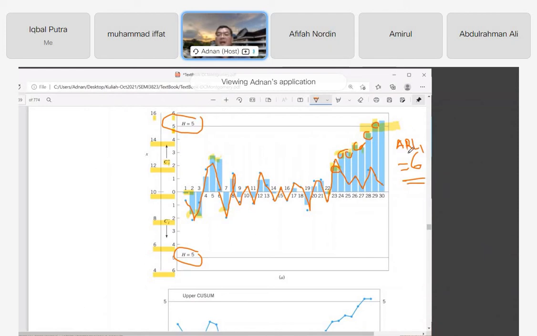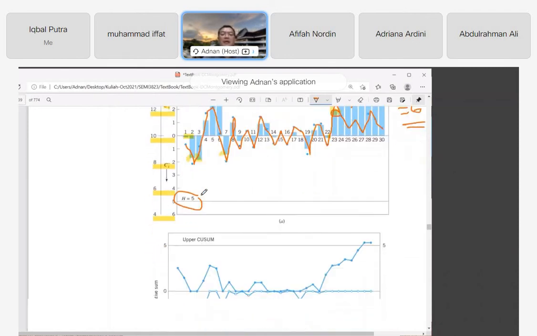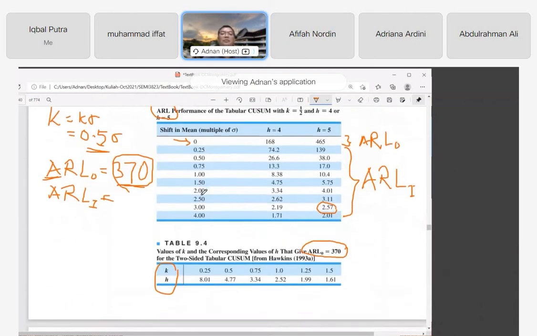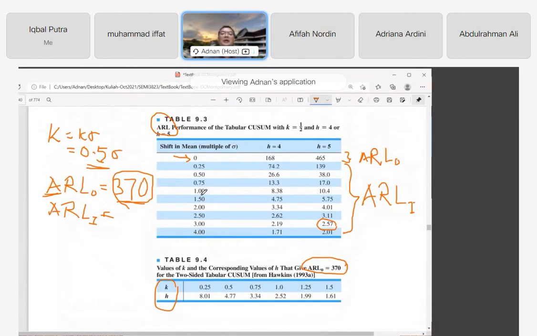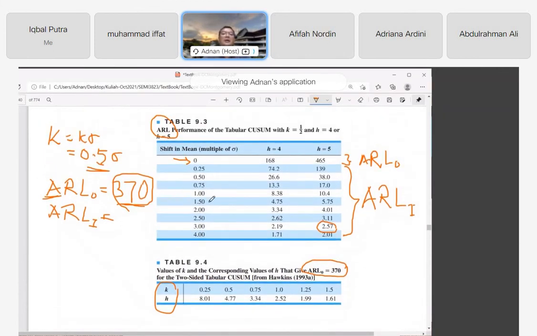As I said, ARL1 should be as quick as possible, but in this case it takes until 6 points because we have H equal to 5. If we make H lower, you will be able to detect it faster. So again, what H value to select depends on where you want to have your sensitivity. Given the common values, which are 4 or 5, here you have more choice for the H value.